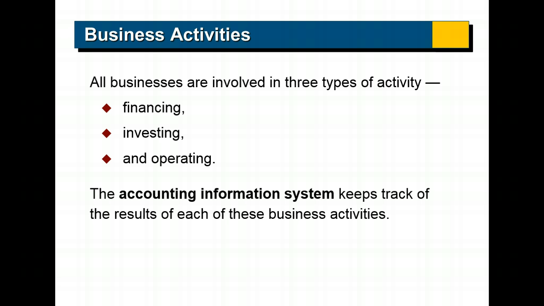Businesses deal with three primary types of activities: financing, investing, and operating. Financing activities are ways of getting money, getting resources.